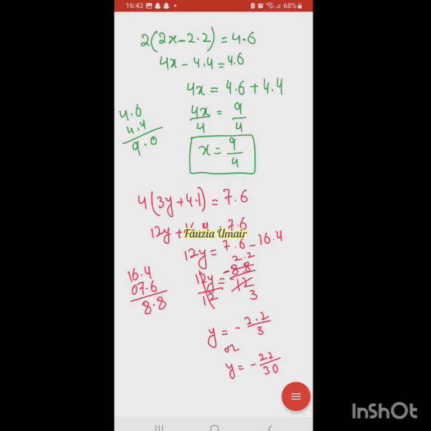So you can still divide it. The simplified form is 11 by 15. So the value of y is minus 11 by 15, right? No need to find the decimal answer. That's fine.